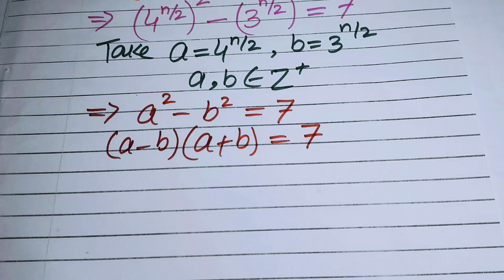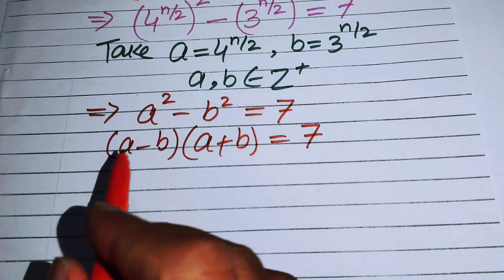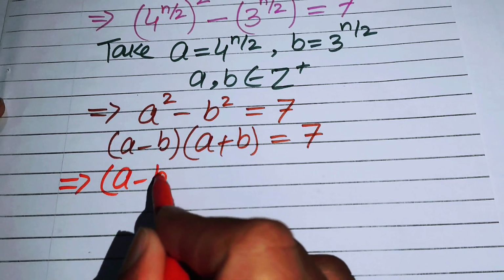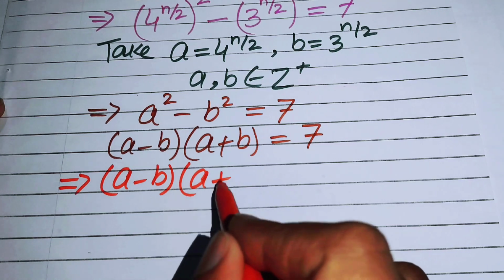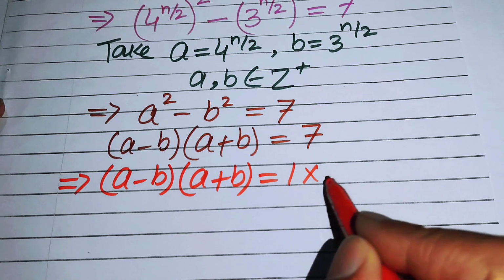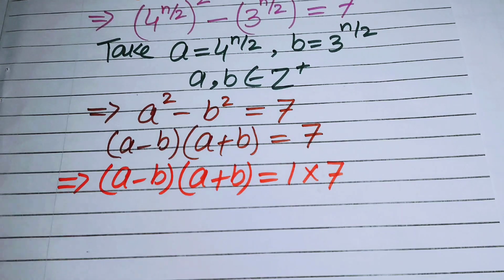In the next step you will see that on the left hand side we have two factors multiplied by each other, and on the right hand side we have only one factor. So first we make two factors on the right hand side, and we write a minus b times a plus b equals 1 times 7. Here we find the factors of 7.